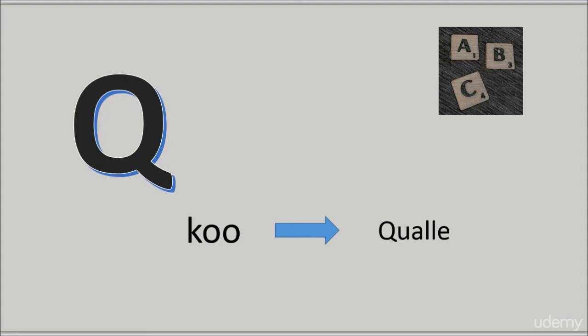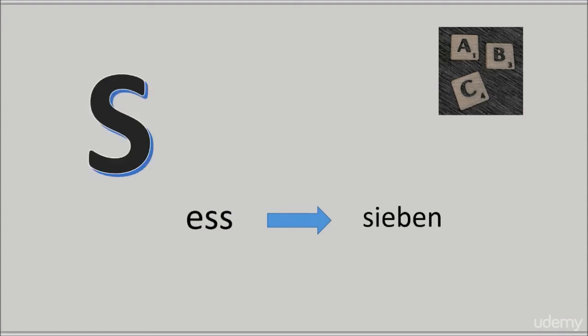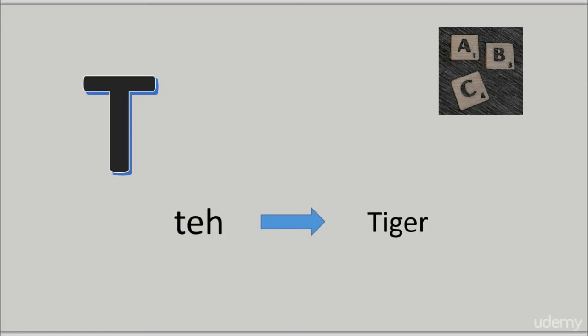Q, as in Qualle, Kuh. R, as in Rucksack. S, as in sieben. T, Tiger.